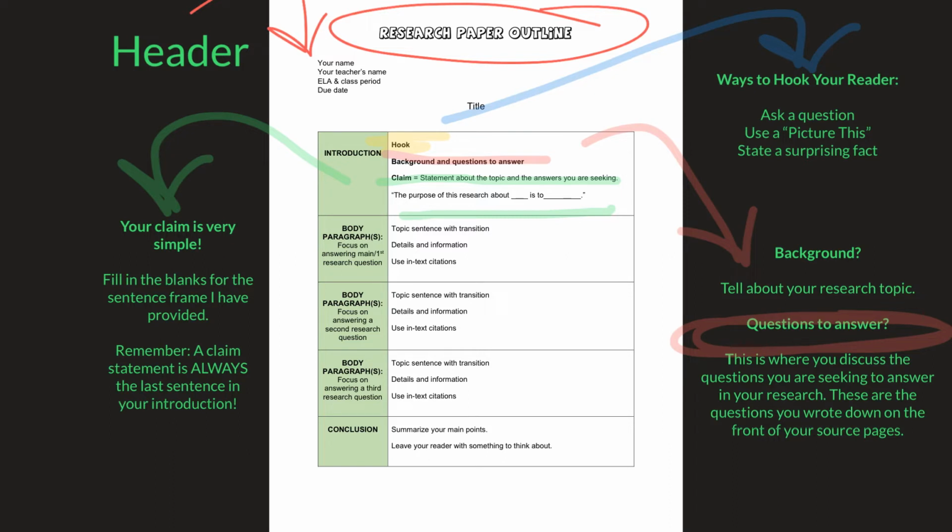That's totally fine. You can use that. We are going to remember something, hopefully, that your claim is always the last sentence in your introduction. Okay, so whether it's a research paper, argumentative essay, doesn't matter, you're going to put your claim there. The claim's just going to look a little different sometimes depending on what type of writing we're doing, okay?